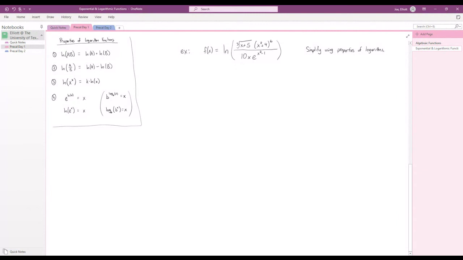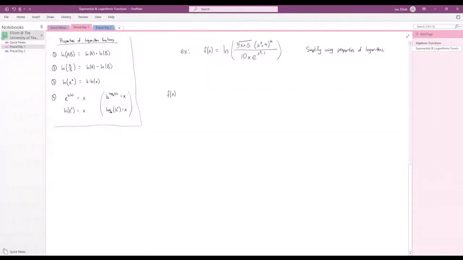So in order to do that, the first thing that we'll note is we do have natural log of a quotient. So that suggests that I apply the second property right now.